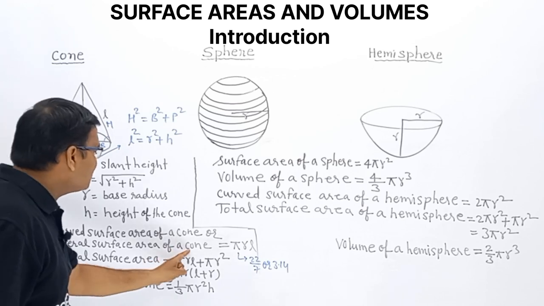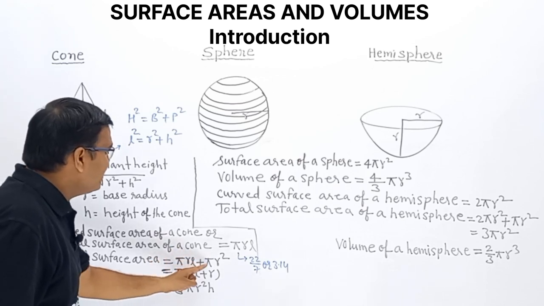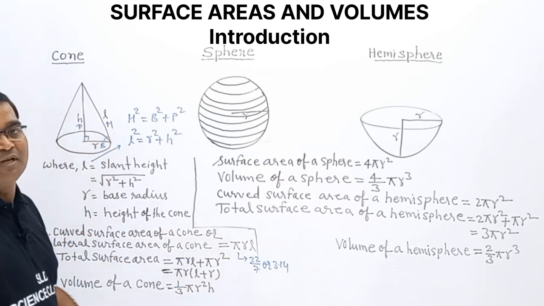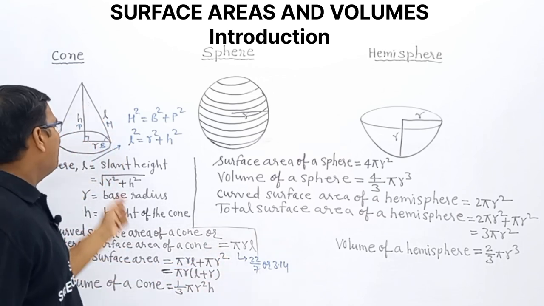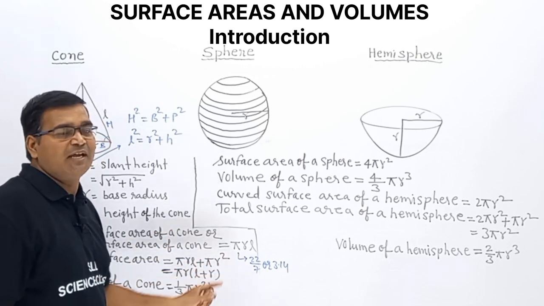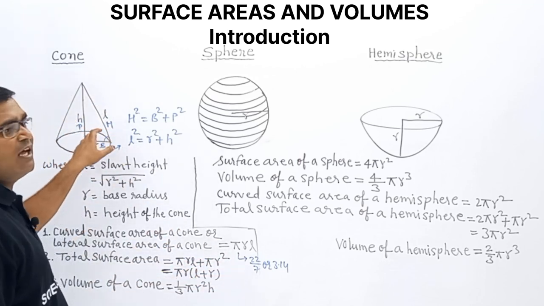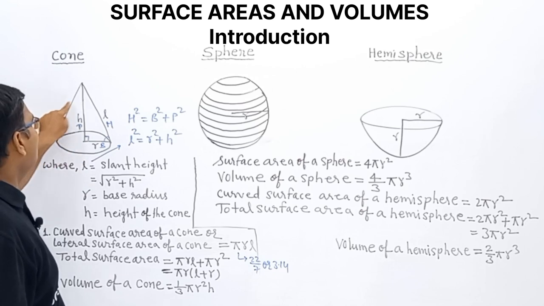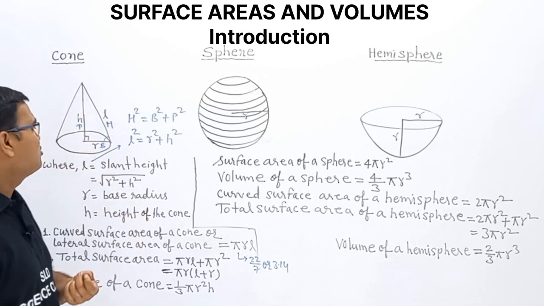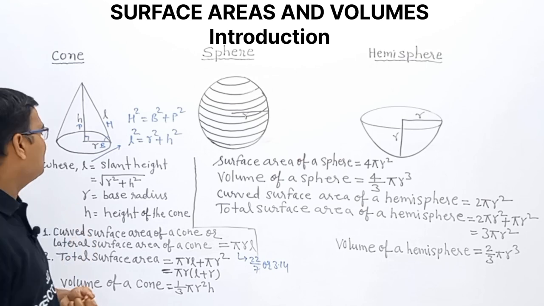So, curved surface area pi r L plus base area. The base of a cone is a circle, and the area of a circle is pi r square. So, total surface area is curved surface area plus base area, and since the base is a circle, we consider the area of a circle, pi r square.